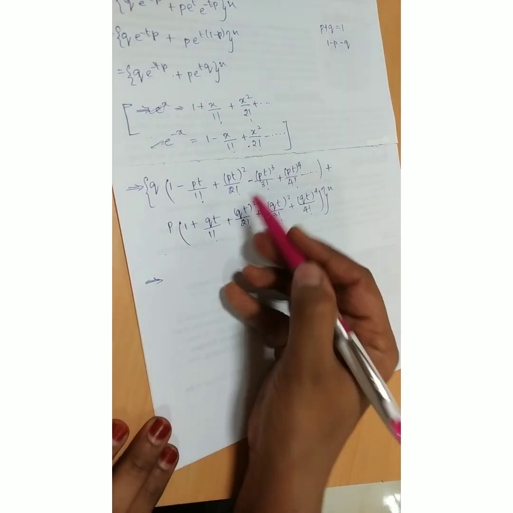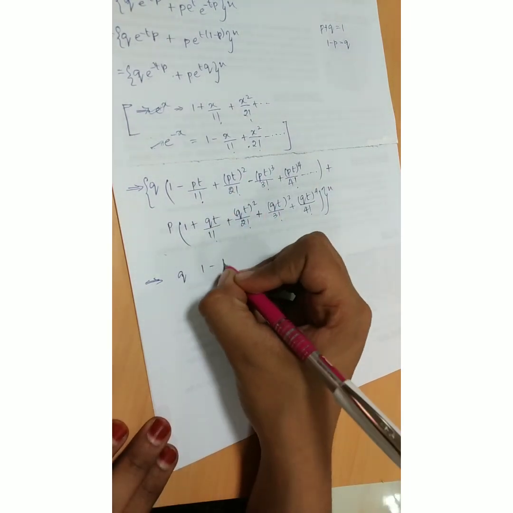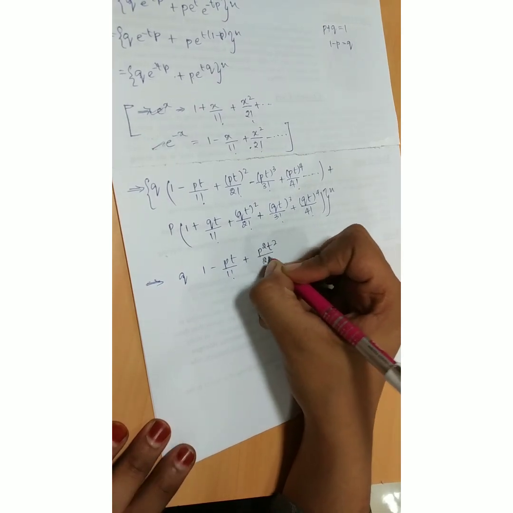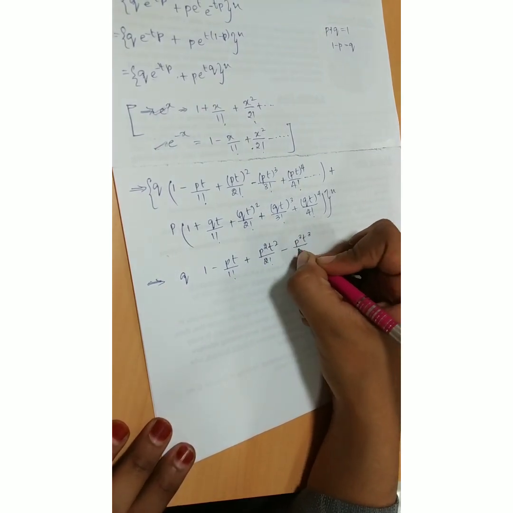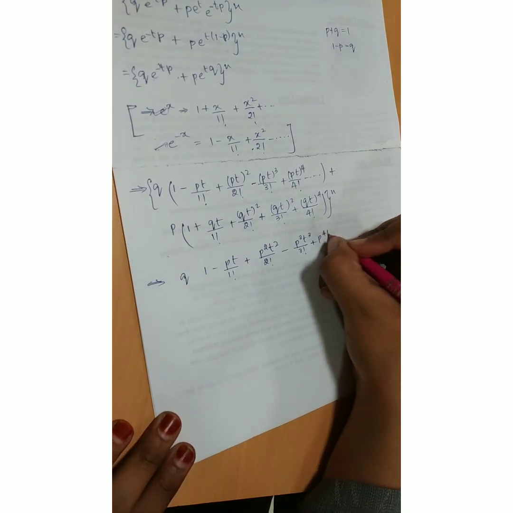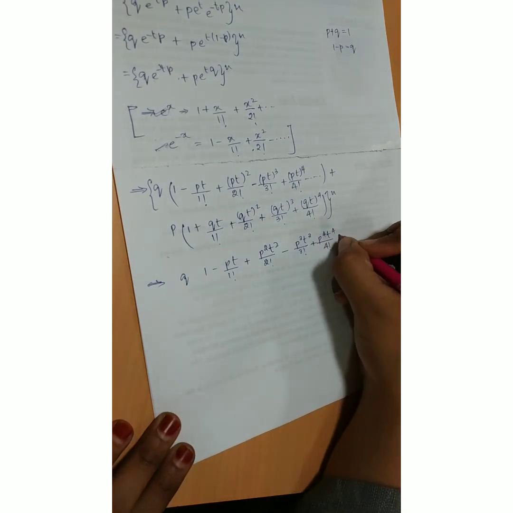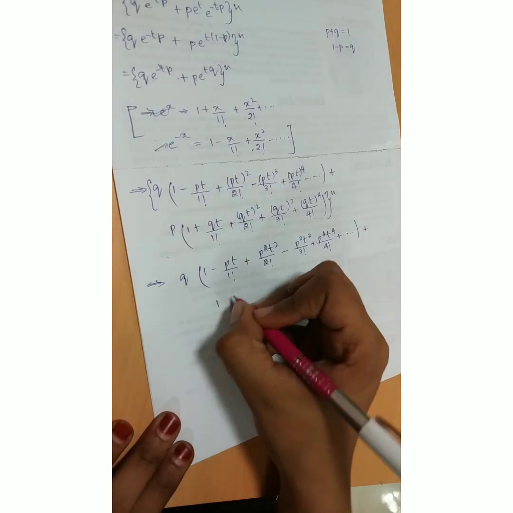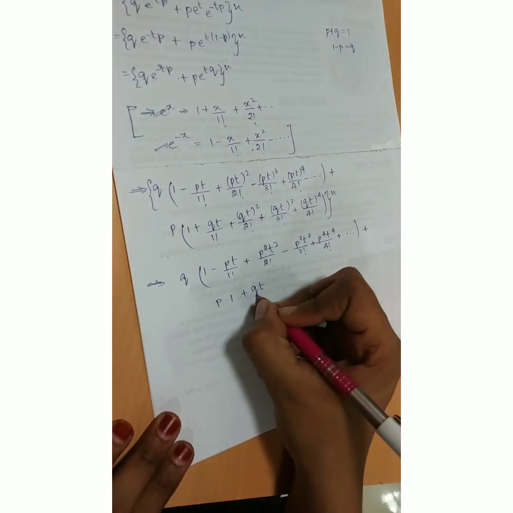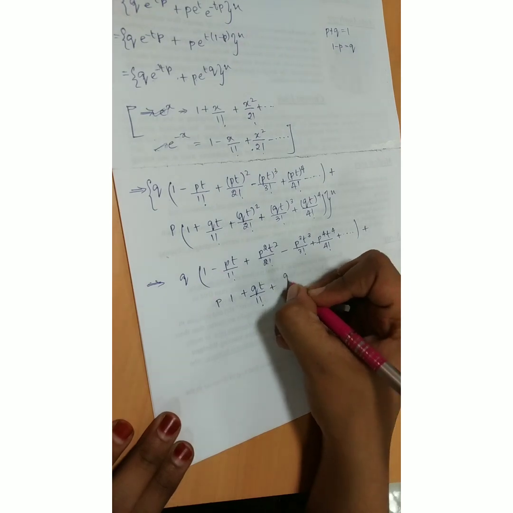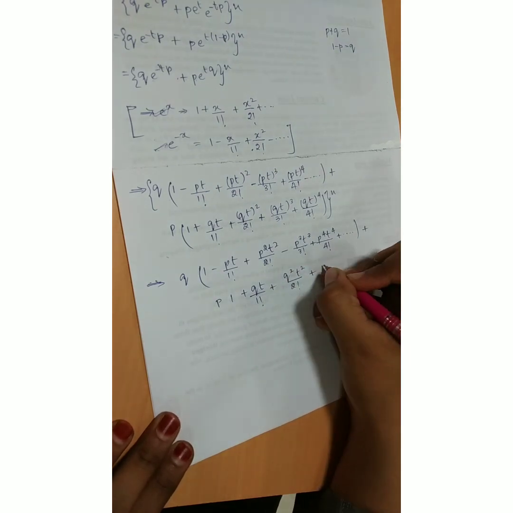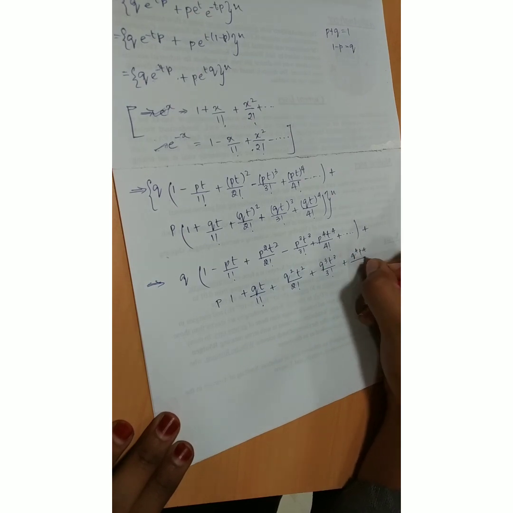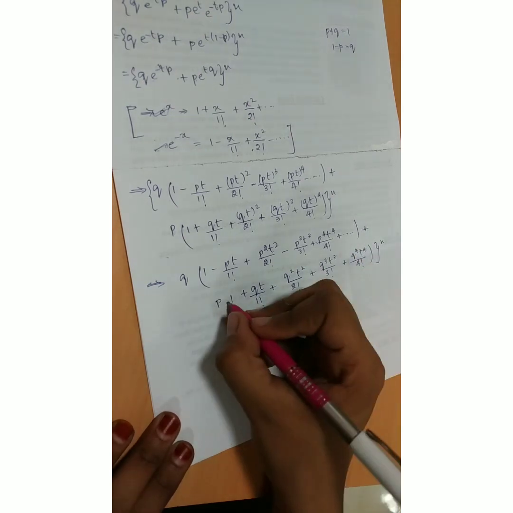Taking the square, cube, power 4, everything inside, we get q into (1 minus pt by 1 factorial plus p square t square by 2 factorial minus p cube t cube by 3 factorial plus p power 4 t power 4 by 4 factorial plus etc.) plus p into (1 plus qt by 1 factorial plus q square t square by 2 factorial plus q cube t cube by 3 factorial plus q power 4 t power 4 by 4 factorial) the whole power n.